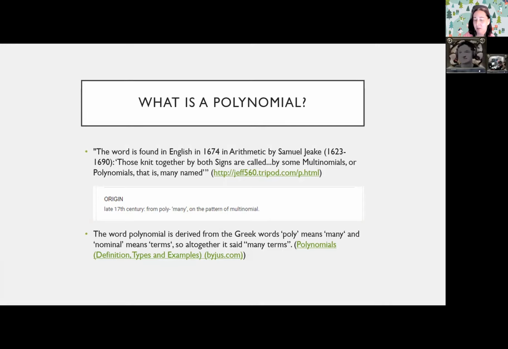But that basically means terms. And in Latin, a similar word, nomen, means named. So you've got many things, and that's where they get many named. Nomen means named, so that connects to what the mathematician Samuel Jakes said. So it's a mix of Greek and Latin to basically mean you have many things that are combined together. So that's where we get polynomial.